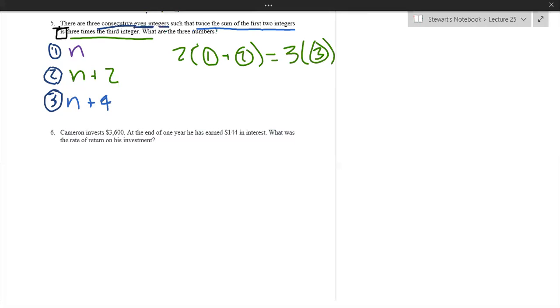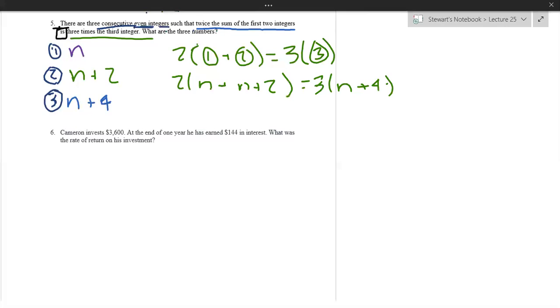So if we substitute in what we have for those now, we'd have 2 times n plus n plus 2 is equal to 3 times n plus 4.